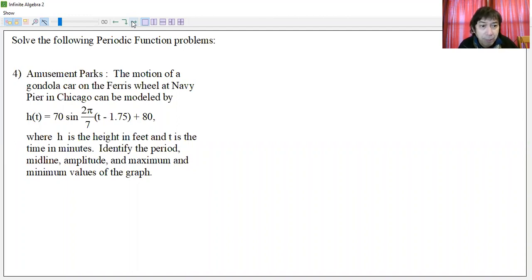Identify the period, midline, amplitude, maximum, and minimum values of the graph. Okay, this is similar to all the other problems. Okay, let's write the given first.